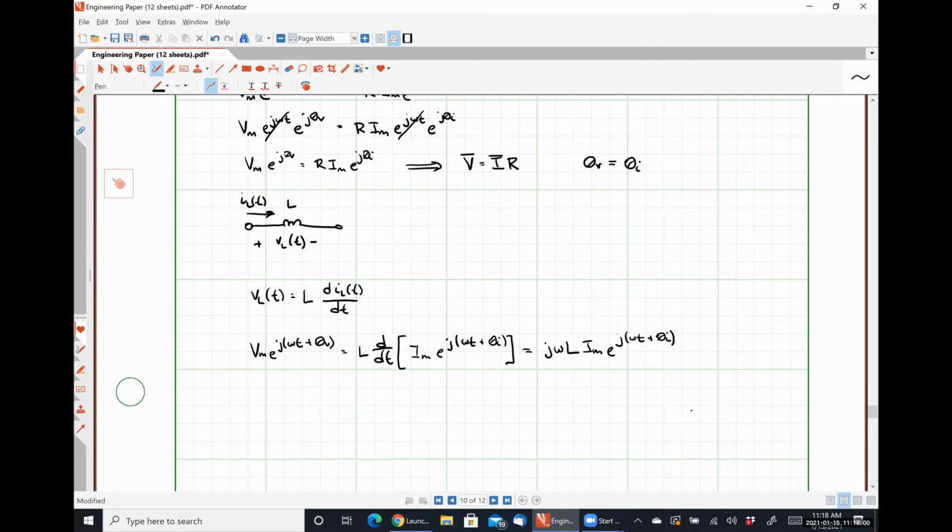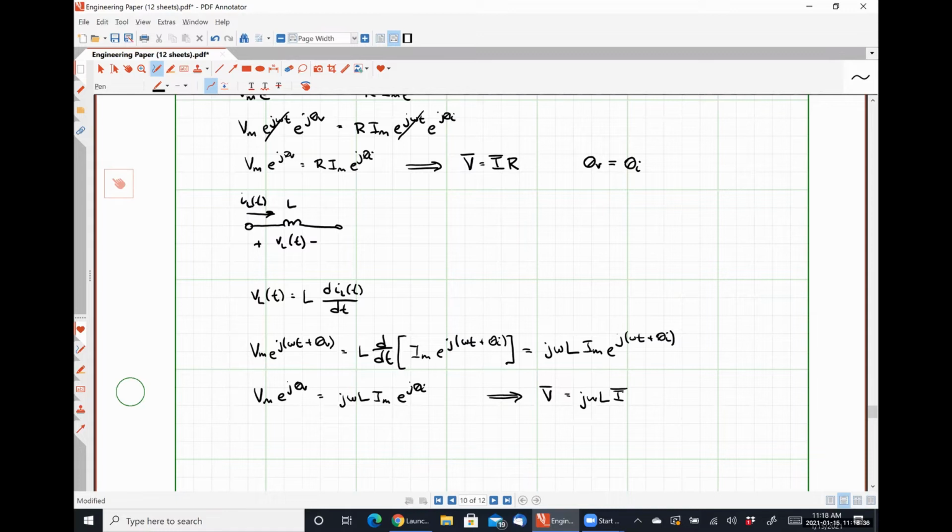Suppressing our frequency terms gives us Vm e^(jθv) is equal to jωL Im e^(jθI). So we could express this as V phasor is equal to jωL times I phasor, which is a fundamental relationship.